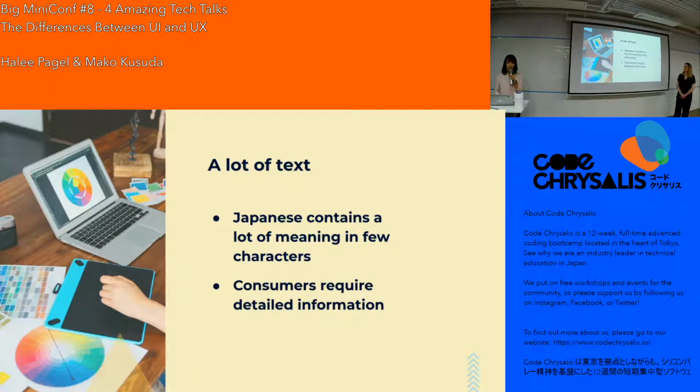One more reason for the heavy use of text is the need to convince buyers. Japanese consumers require lots of detail and convincing before they buy items. This led to Japanese websites using heavy amounts of text. We will compare Japanese and American websites later.